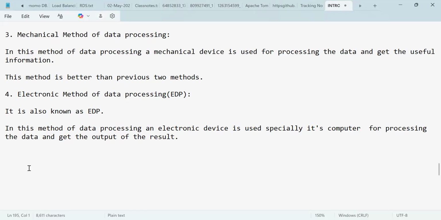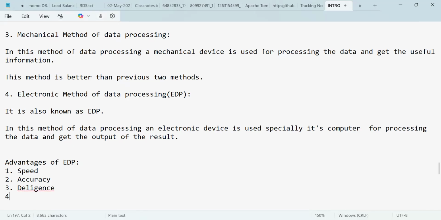And then, what are the advantages of EDP? I will write down some points. What are the advantages of EDP? First one is speed, then accuracy, and the third one is diligence.